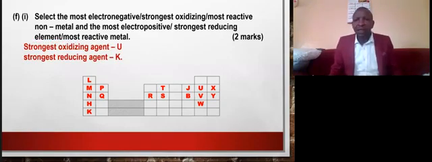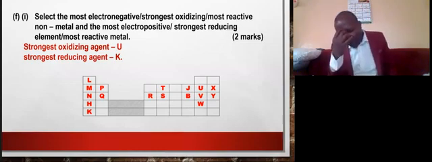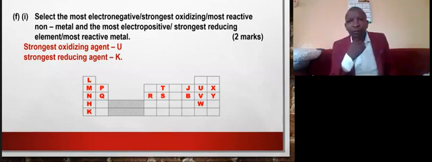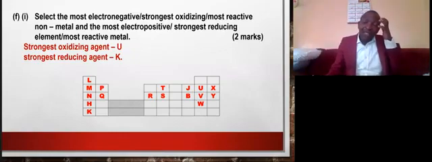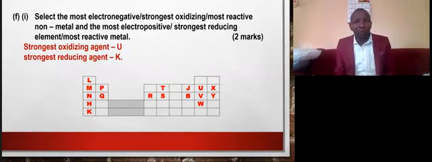Somebody has not understood. Yes, where have you not understood? Does the strongest oxidizing agent have the smallest atomic radius? Yes, it has the smallest atomic radius, but it must be in group 7.